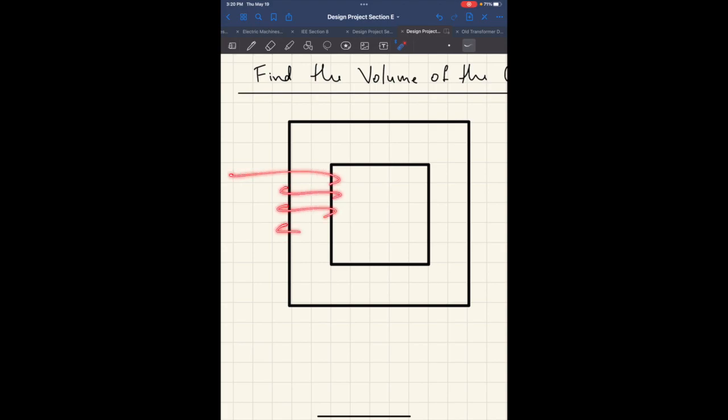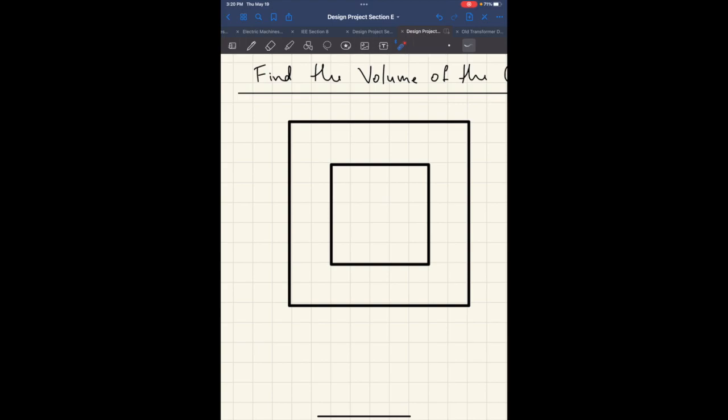In other words, we teach the transformer like this, right? But in reality, that's not going to work because it's impractical. We lose a lot to leakage, right? So it's much more efficient to put the turns right on top of each other, and that's what we're going to do.